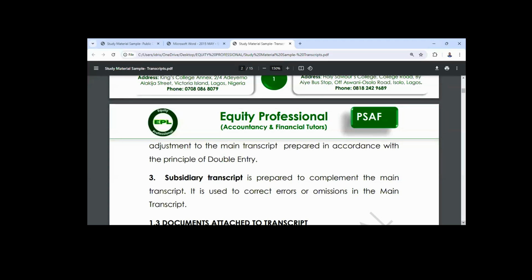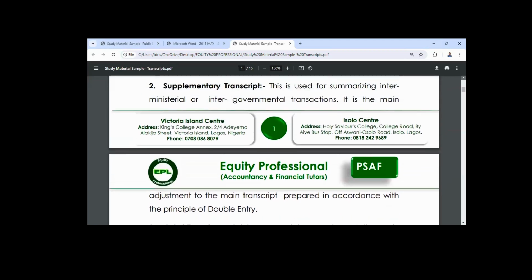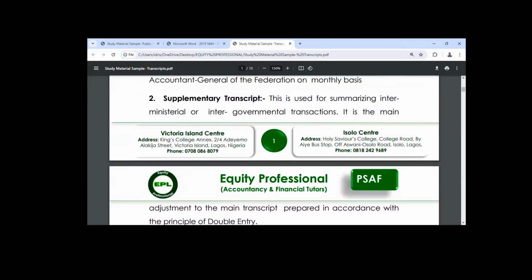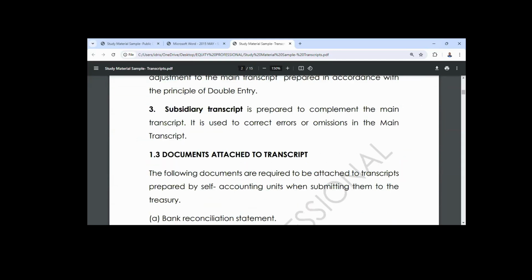But when we have error of principles of double entry, the only way we can correct that is by preparing supplementary transcripts.